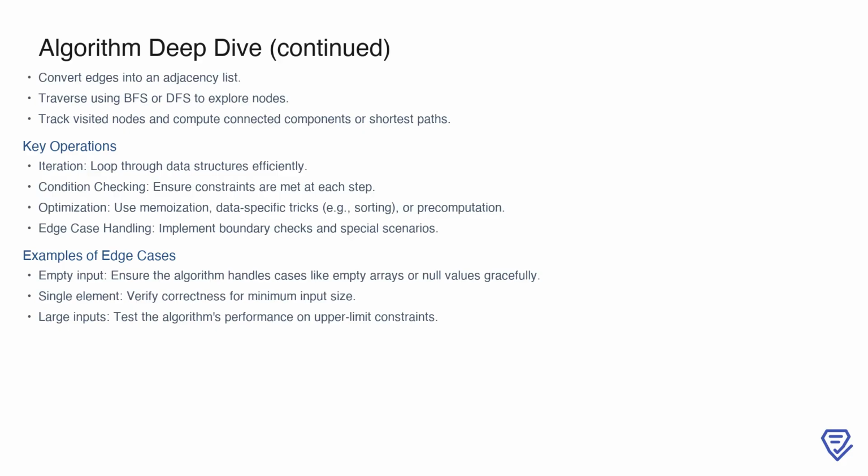Single-element inputs should also be verified for correctness, as they represent the minimum input size. Finally, test the solution on large inputs to ensure it performs within the upper limit constraints. These practices, combined with a clear understanding of data flow and algorithmic operations, equip you to tackle a wide range of problems effectively and efficiently.